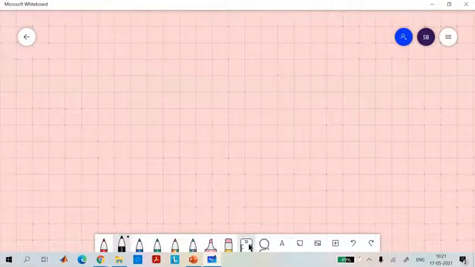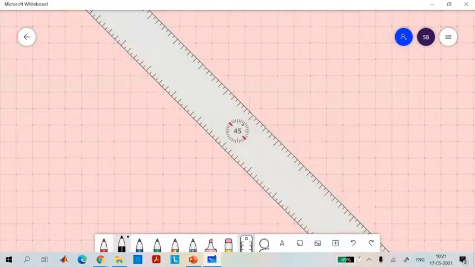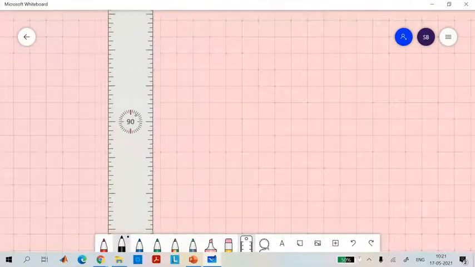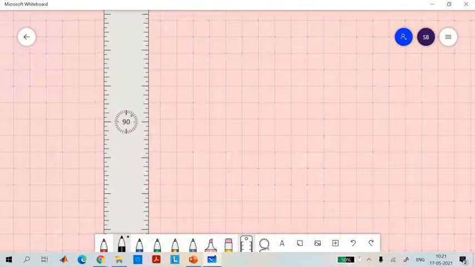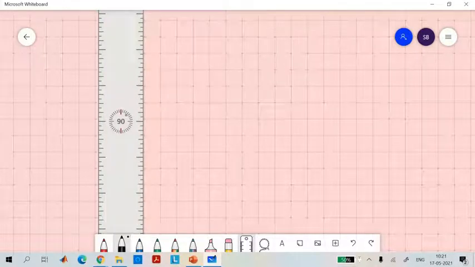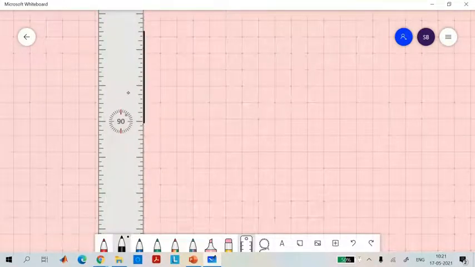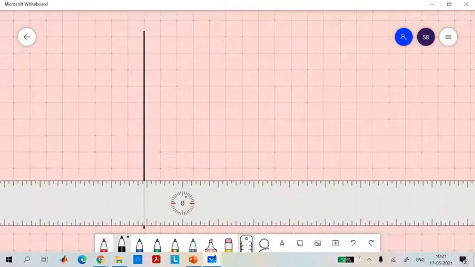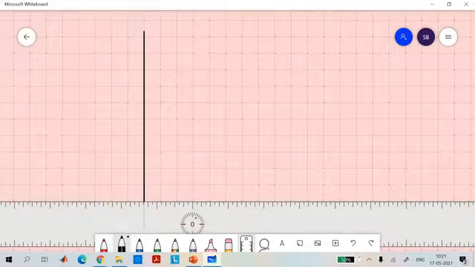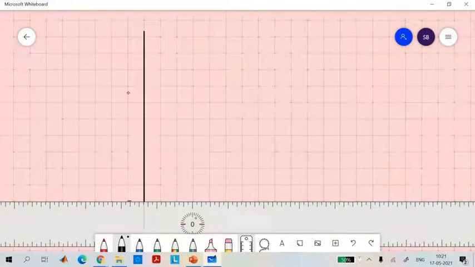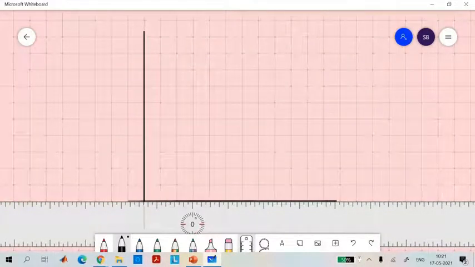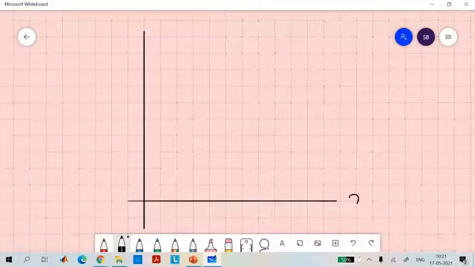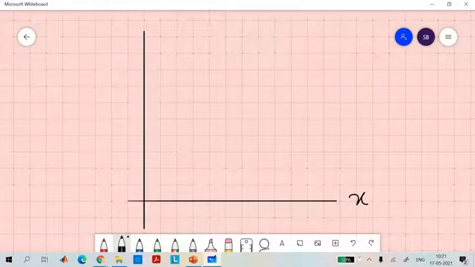I'll draw a vertical line, and the next one, a horizontal line. This one is X, this one is Y.